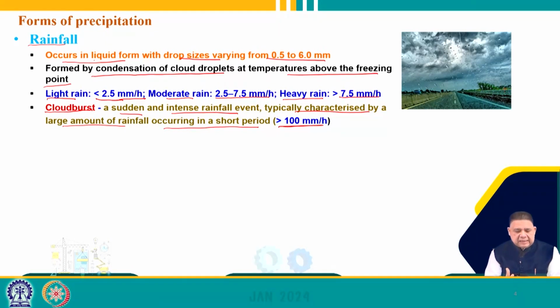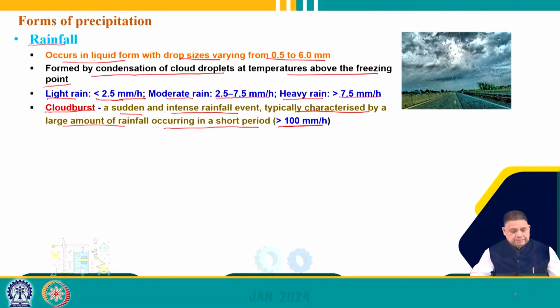So, that means it is a sudden and intense burst of rainfall, because of which flash floods occur, and a lot of problems we come across in our daily news whenever a cloud burst occurs in any place.